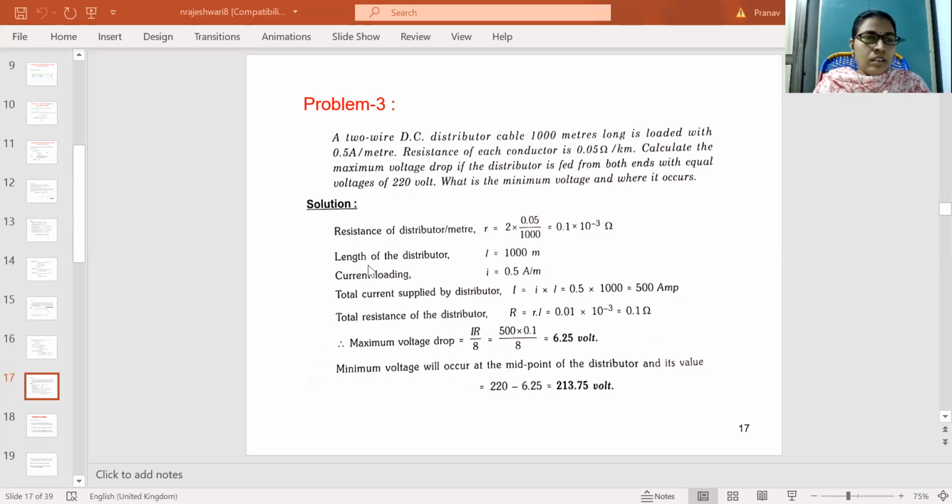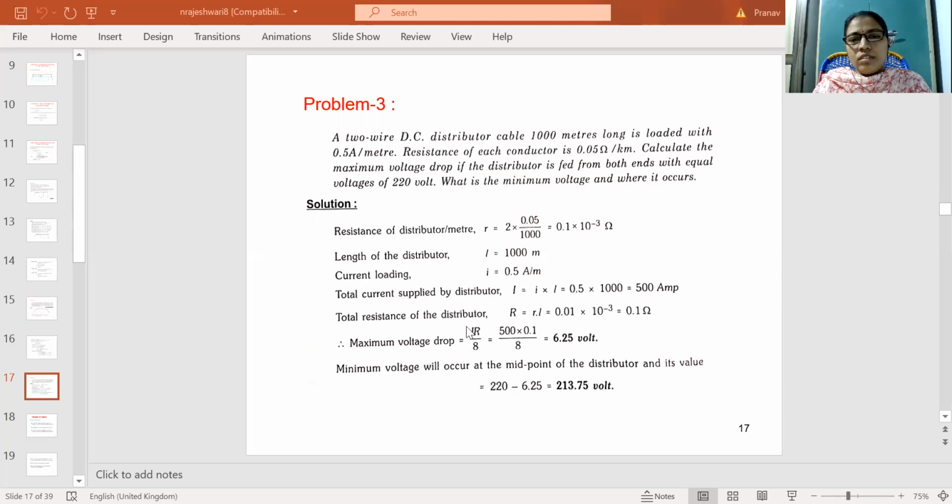The length of the distributor L is 1000 meters, and the current loading is 0.5 amperes per meter. The total current supplied by the distributor, capital I, is equal to small i into L, so 0.5 into 1000, which is 500 amperes.